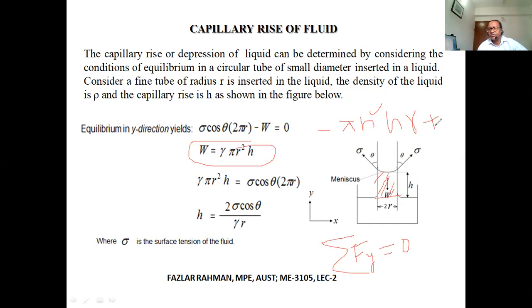And how much tension force is working? Now you see sigma, what is the unit of sigma? It's force per unit distance, Newton per meter. So this sigma vertical component will be sigma cos theta, right? Cos theta.